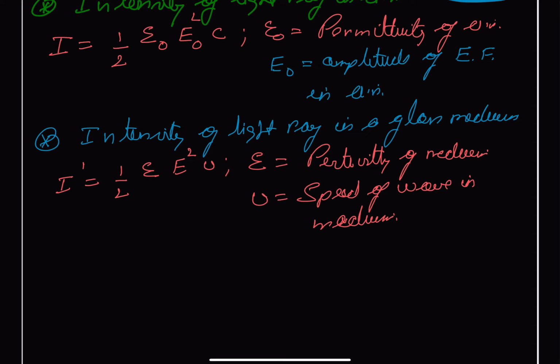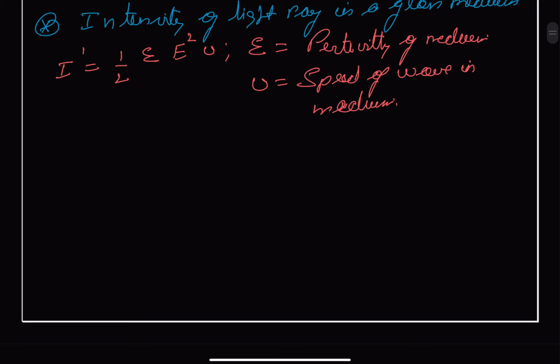And we also know the relationship between epsilon, epsilon naught, and epsilon r. So we can just write that relationship also. We know that epsilon is equal to epsilon naught multiplied by epsilon r, where epsilon r is the relative permittivity of the medium and the rest two parameters we have already explained.